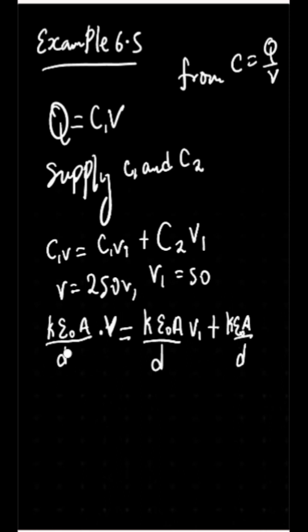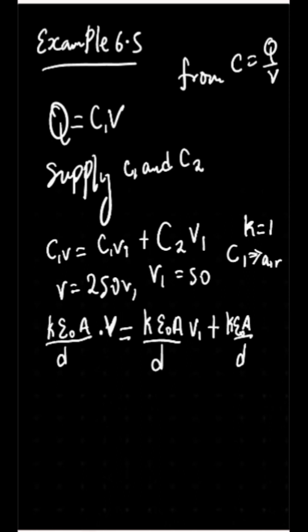But note, since this C1 here, they said C1 is air capacitor, right? Air capacitor. So since C1 is air capacitor, what will happen to K here? K will be equal to what? 1. So in this case now, K is 1.